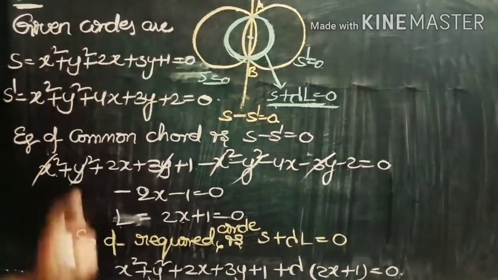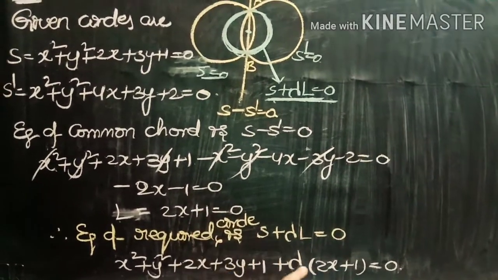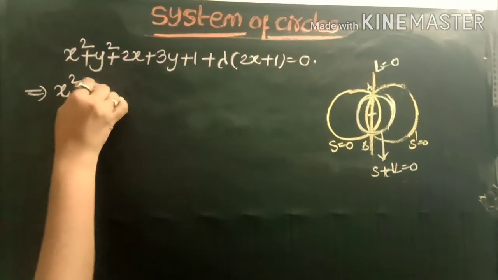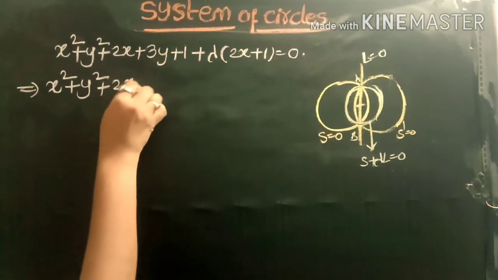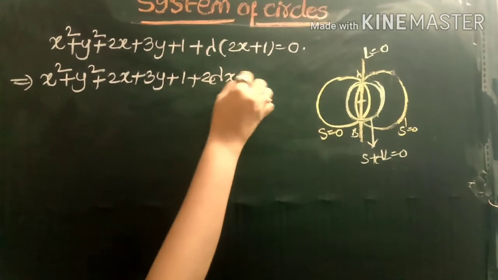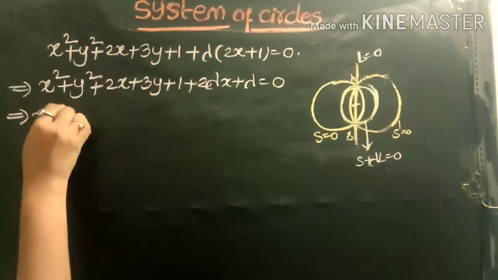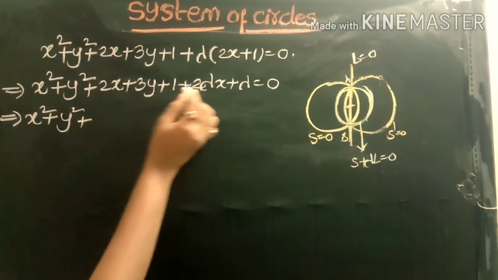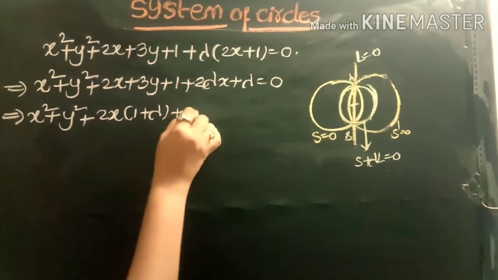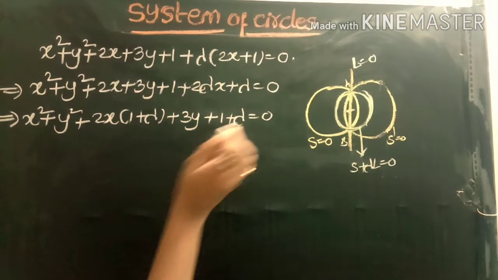Here I take the first circle, that is x square plus y square plus 2x plus 3y plus 1, plus lambda into L value 2x plus 1 equal to 0. Which implies x square plus y square plus 2x plus 3y plus 1 plus 2 lambda x plus lambda equal to 0. Now converting this equation to standard form: x square plus y square, taking 2x common, 2x into 1 plus lambda, plus 3y, plus 1 plus lambda, the x term, y term and constant, equal to 0.